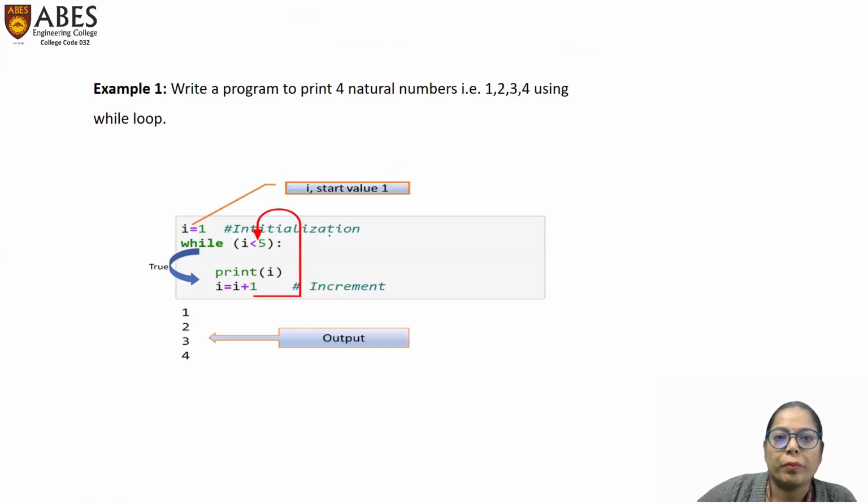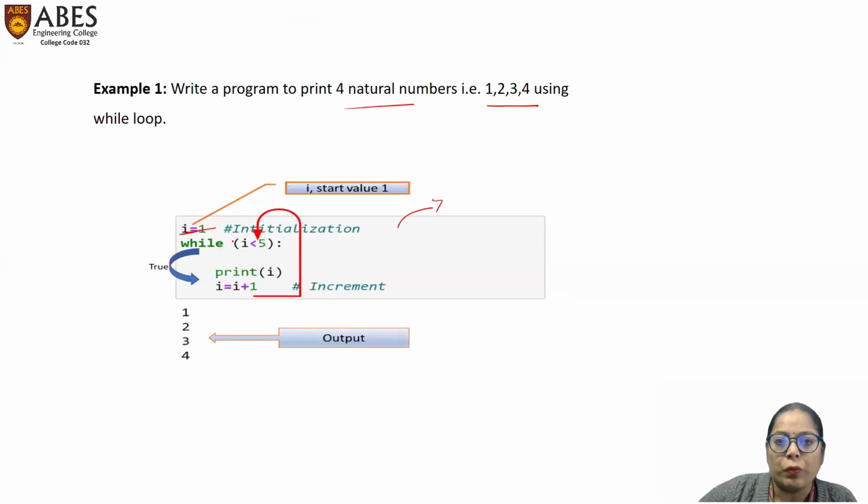Now, we will understand this while loop more with an example. Here it is asking us to write a program to print four natural numbers, that is 1, 2, 3, 4, using while. So at first, as I told you, we need to initialize. We have initialized i equals 1.